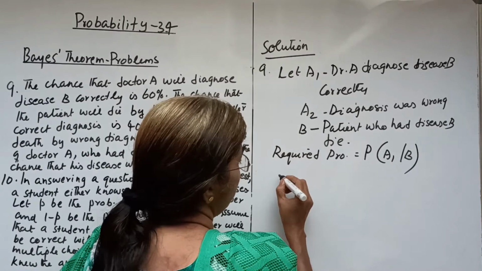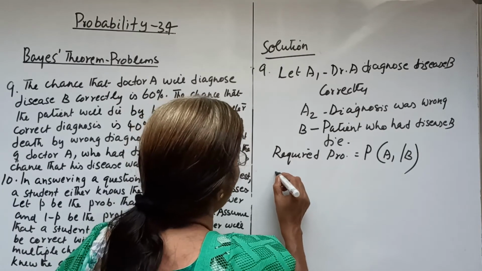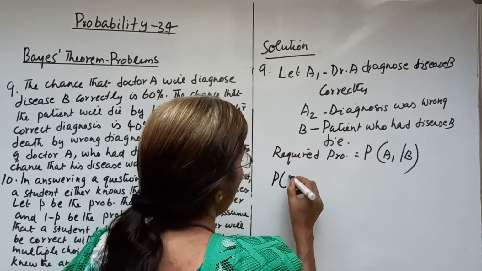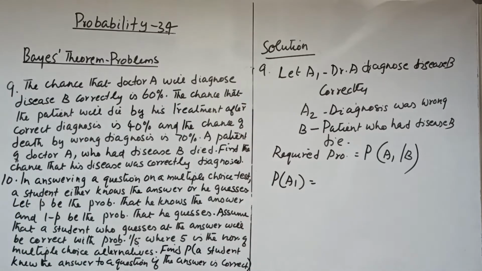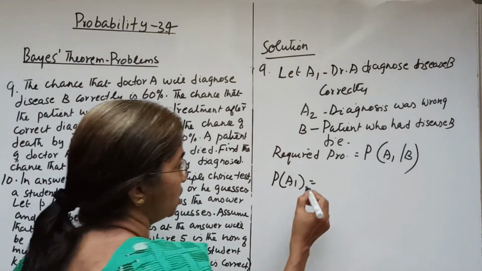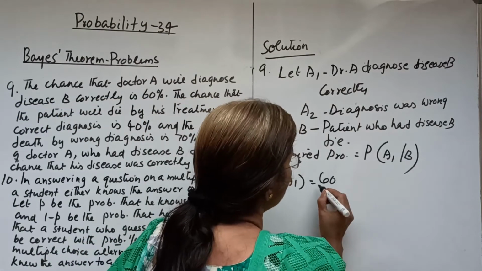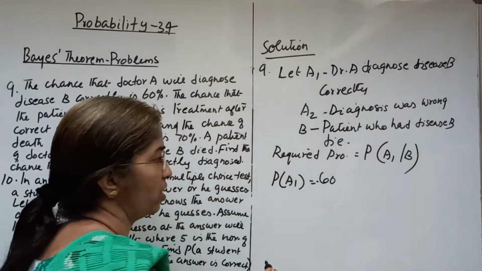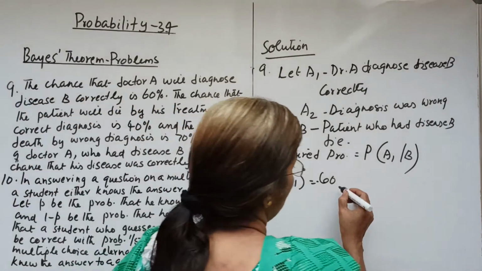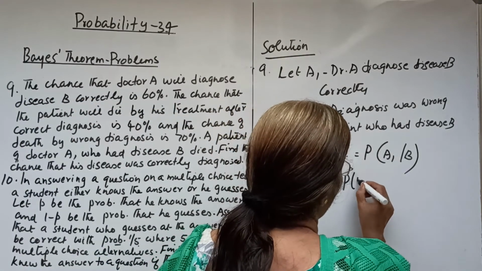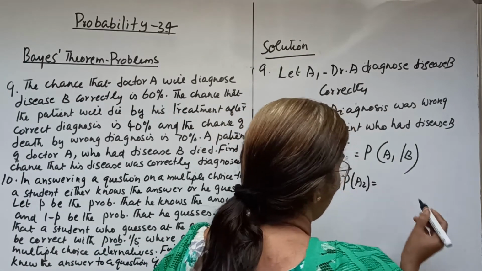Now we have the Bayes theorem result, and we find the probabilities. P of A1: what is the given idea? Dr. A will diagnose disease B correctly is 60%. Only this is given. P of A1 is 0.60, that is 60 by 100. Now our task is to find P of A2.